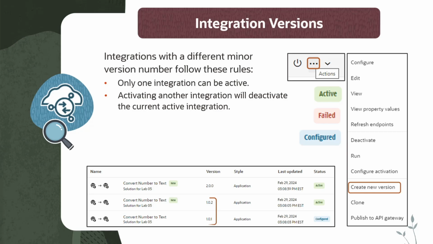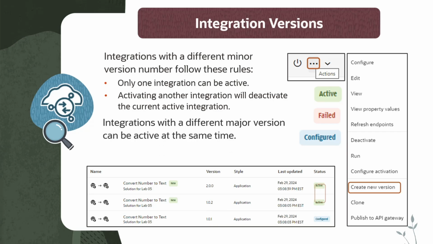In this example, once I activated version 102, version 101 was deactivated and reverted back to the configured status. On the other hand, when you use a new major version number, as shown here with version 2, it can be activated without any impact to another major version, since it is now a completely independent service.